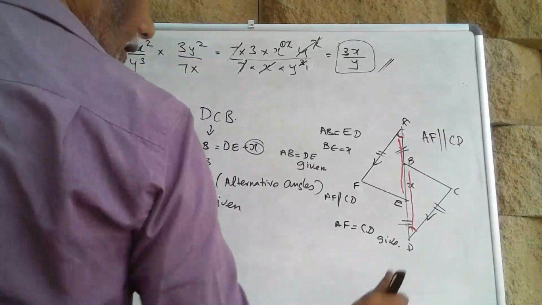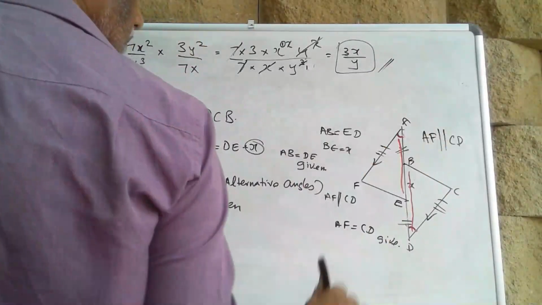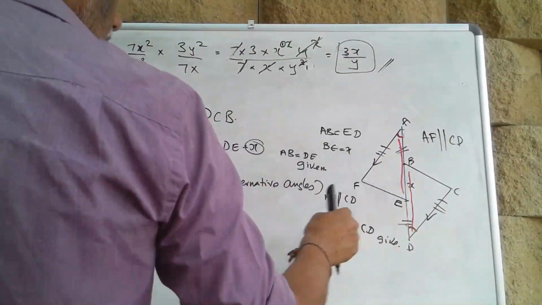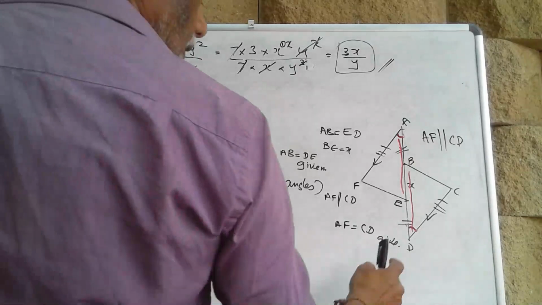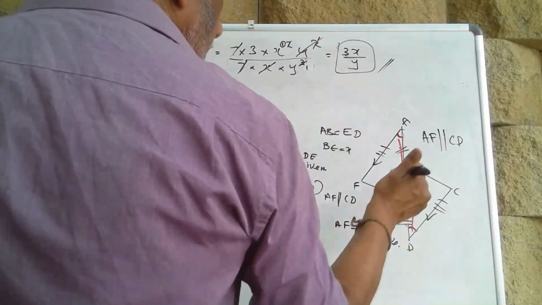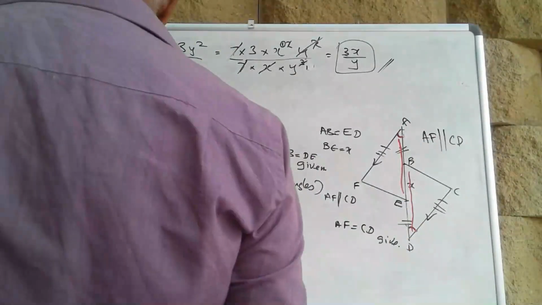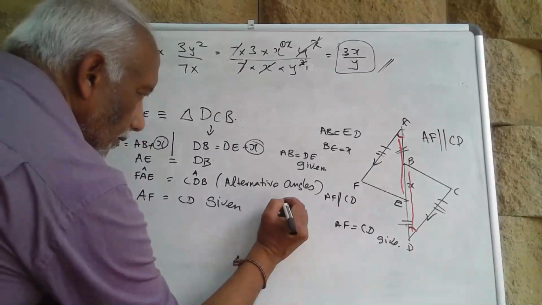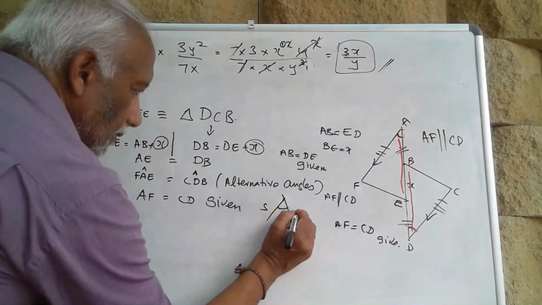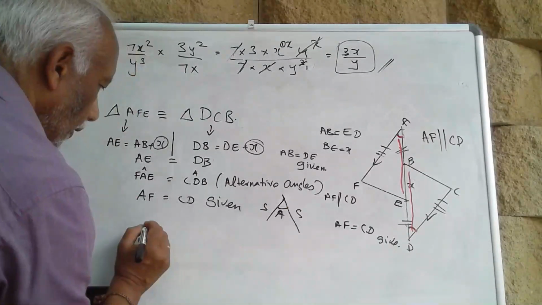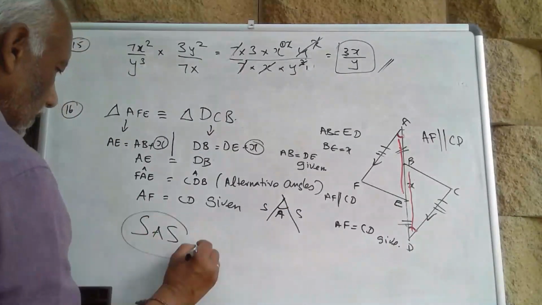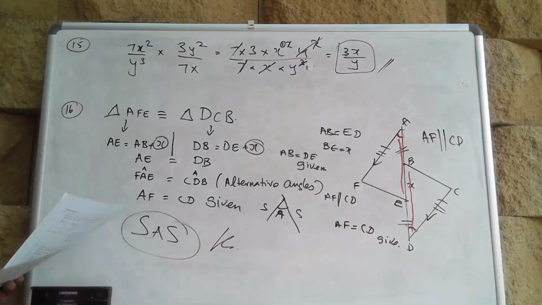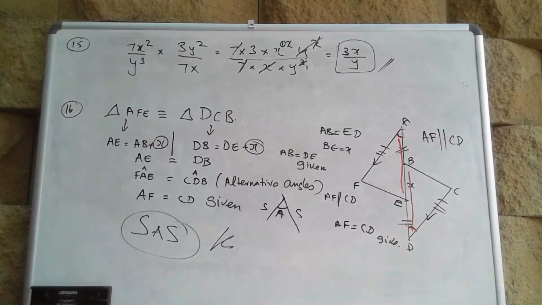I'm going to write 3 lines because I don't want to confuse with this. And this line is equal to that one. We already proved it. From here to here equal to from there to there. So the angle is also equal. So you can see from here what is happening: side, angle, side. So SAS. That's the answer for that one. That's it, number 2. So that's question number 16 done.